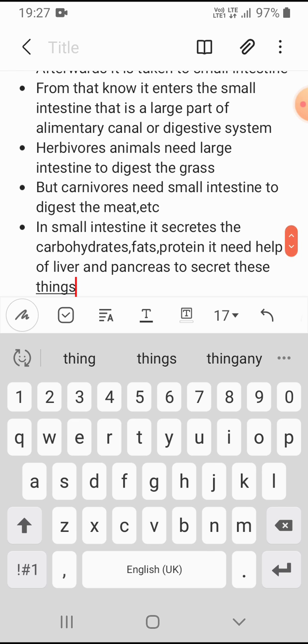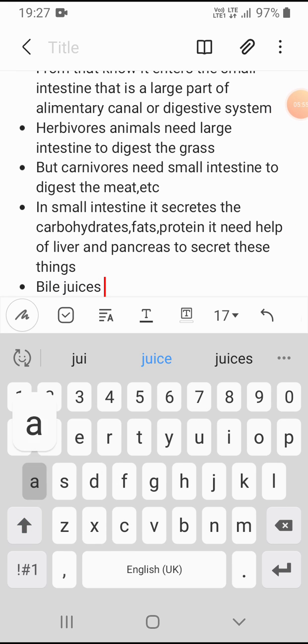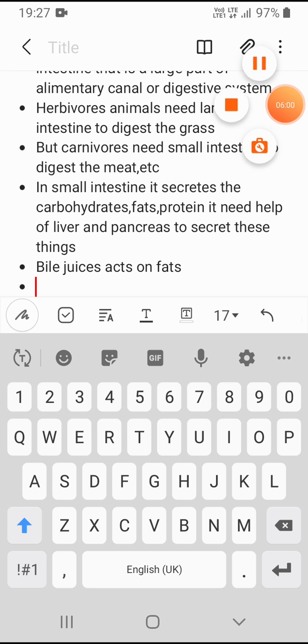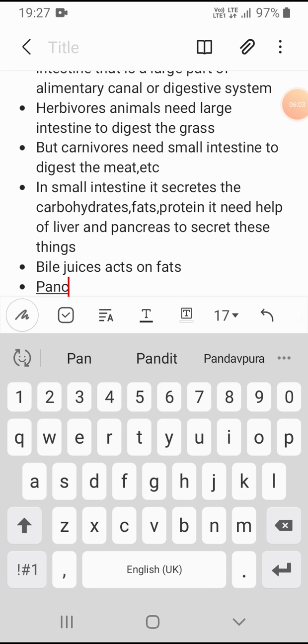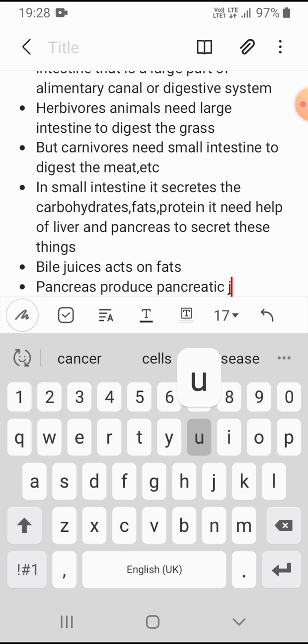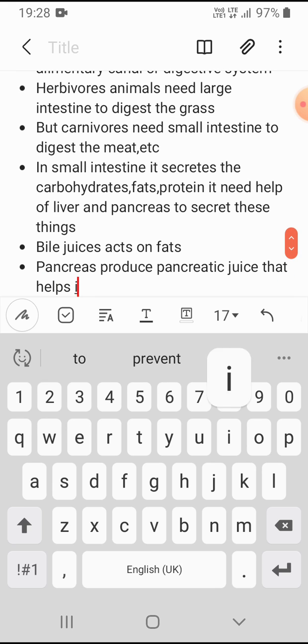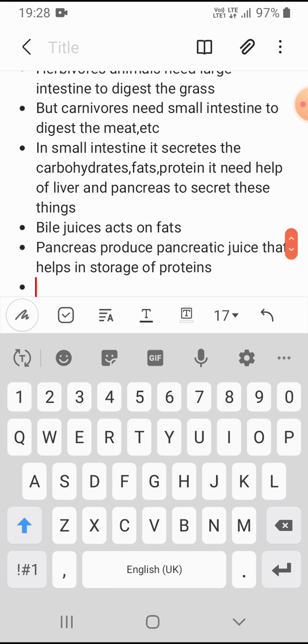Bile juice acts on fat, and the pancreas produces pancreatic juice that helps in the digestion of proteins.